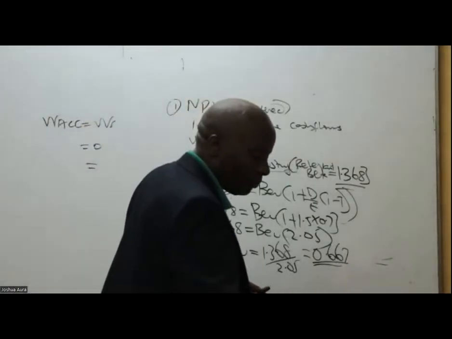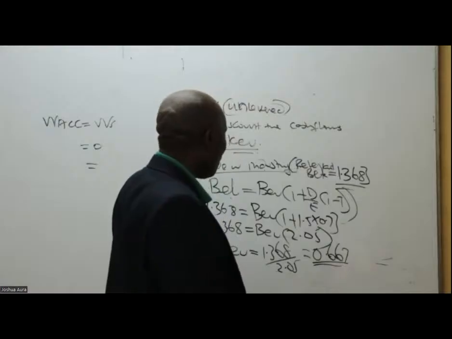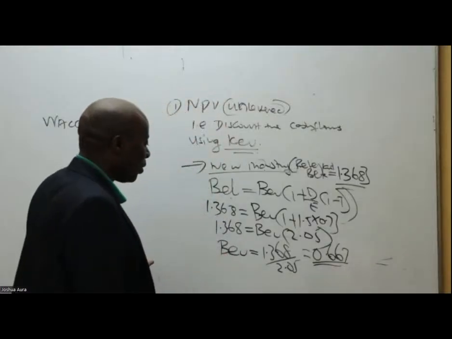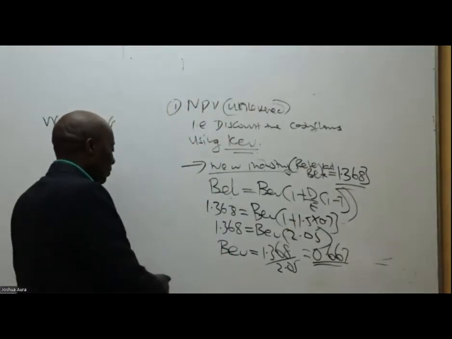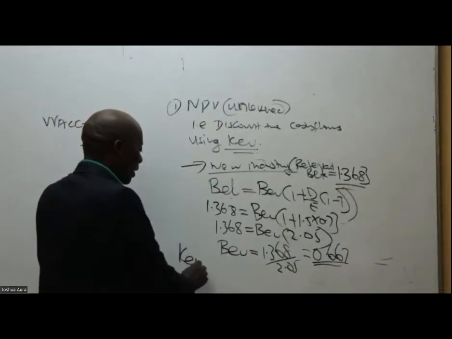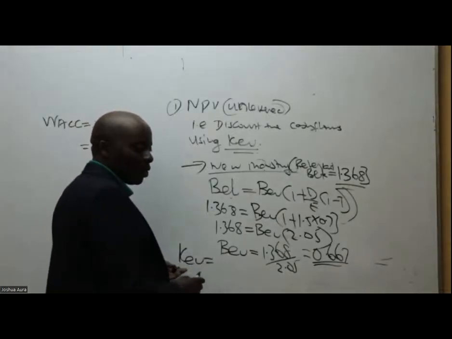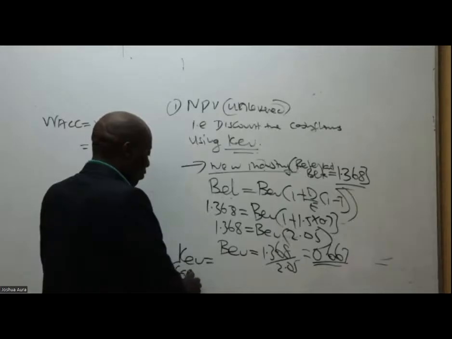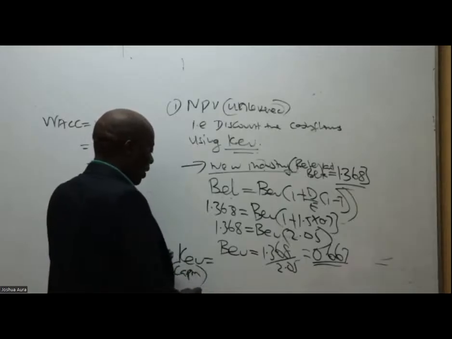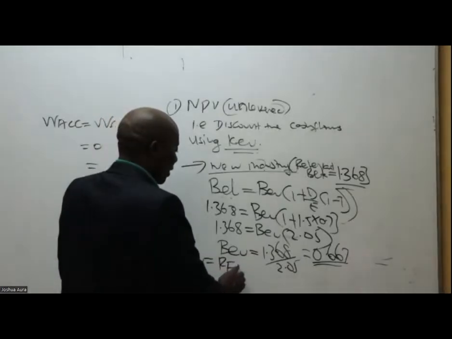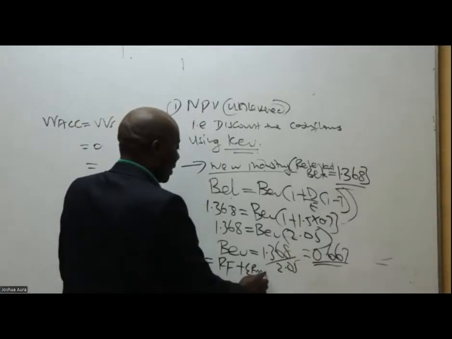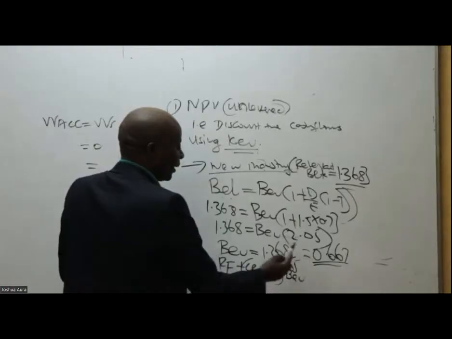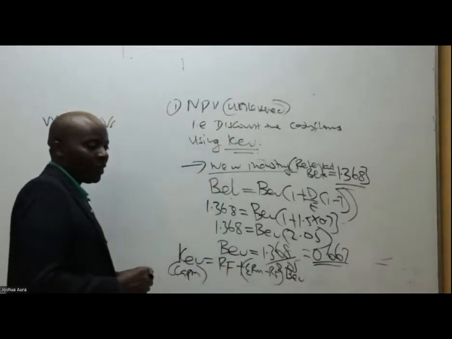Very fast, remember, I want to get my Ku. So how do I get my Ku here? To get my Ku, I know I'm going to use CAPM. CAPM should be risk-free, plus the return of the market minus risk-free, outside here we have beta equity unlevered, pure unlevered.